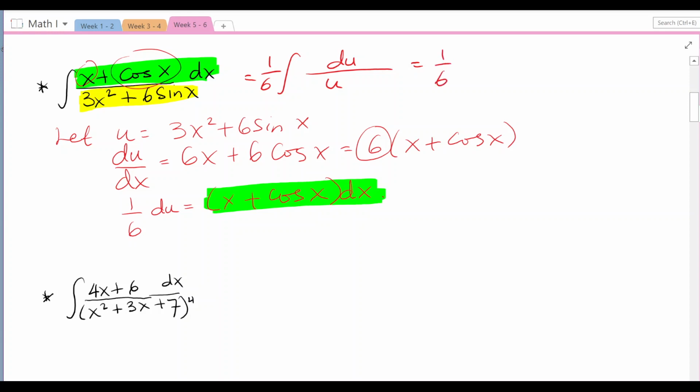The integral of 1 over u with respect to u is simply 1 over 6 ln u plus c, and since u equals 3x squared plus 6 sin x, the answer is 1 over 6 ln of (3x squared plus 6 sin x) plus c. That will be the answer of our integral question with respect to x.